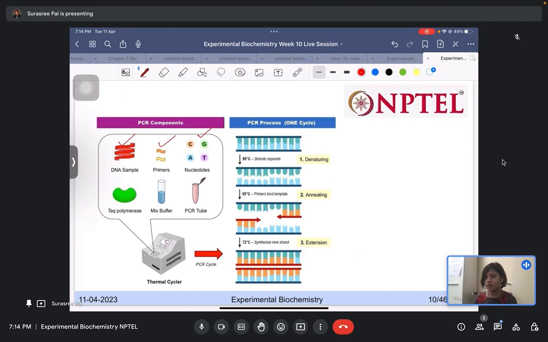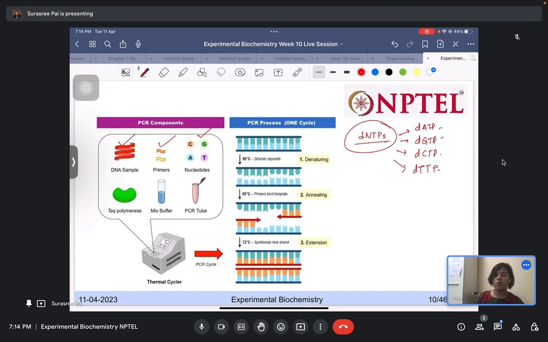These nucleotides are called the dNTPs, deoxynucleotide triphosphates, right? So these will have four nucleotides: dATP, dGTP, dCTP, and dTTP. So adenine, guanine, cytosine, and thymine, right?